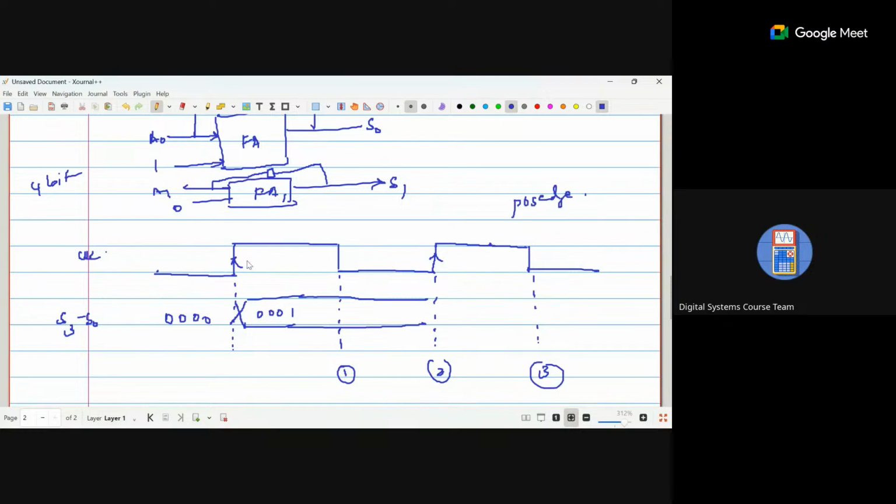For positive edge, the output will change only whenever the positive edge is triggered. So it will last till here, and after this, again, there is a very slight delay. After that, it will move to the next state, which is 0010, and that will last till the next positive edge. Okay, so this is how the entire counter goes on. So this will be your graph for your counter for D flip flop.